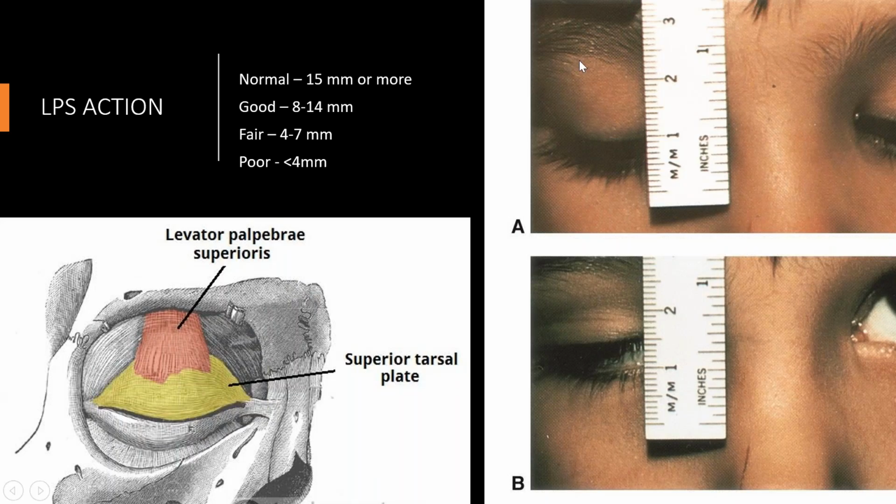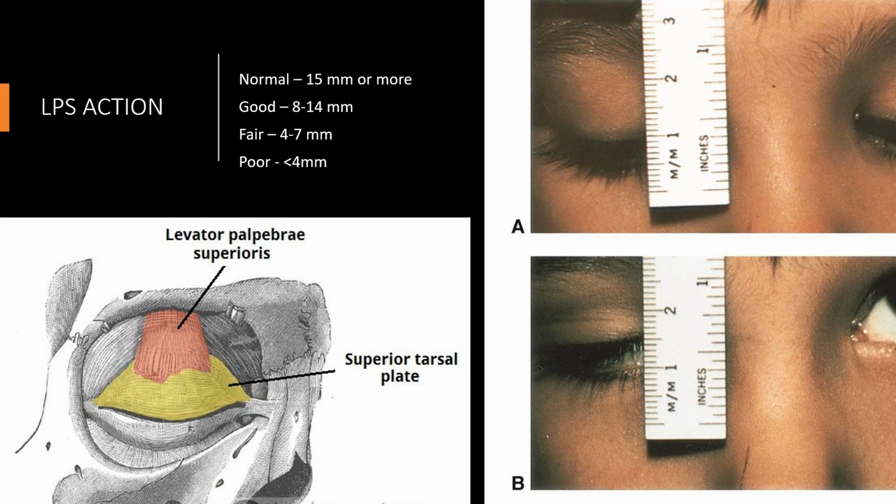So with the head against the wall, once it's all stable, you ask the patient to look down. And then you put a scale next to the upper eyelid margin and align it with the upper lid margin. So over here in this image particularly, we've aligned it next to 1 centimeter. So that is the zero of our reading. Okay.